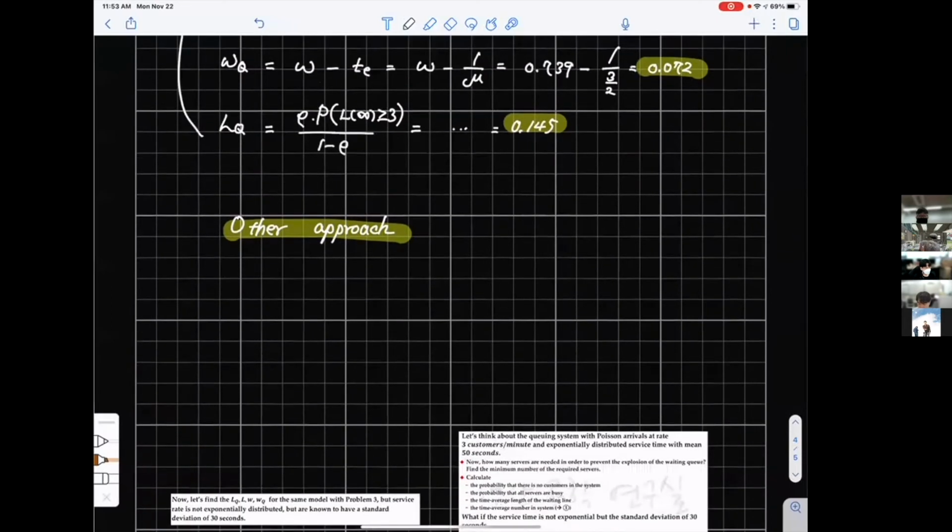Do you remember the CTQ of the M/M/3 model was like this?